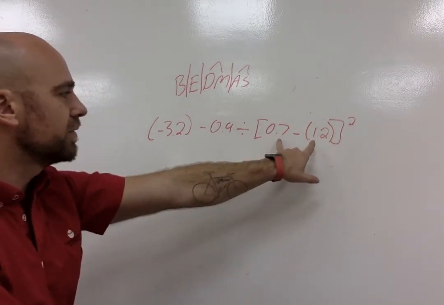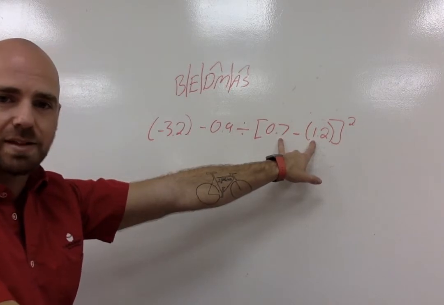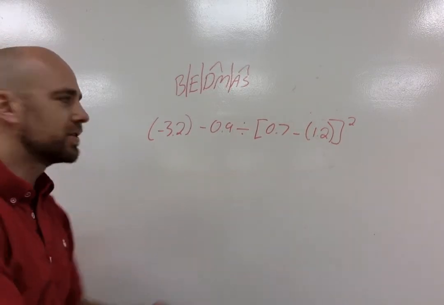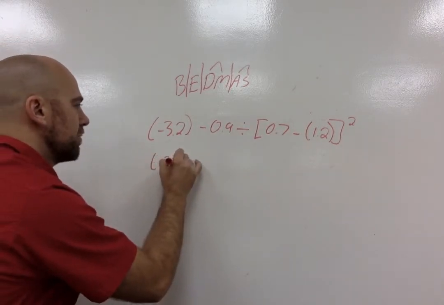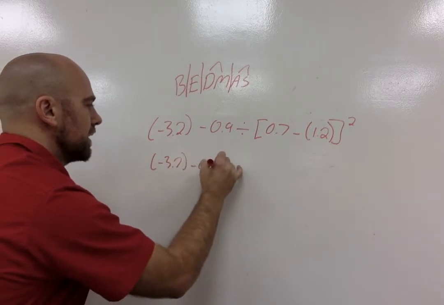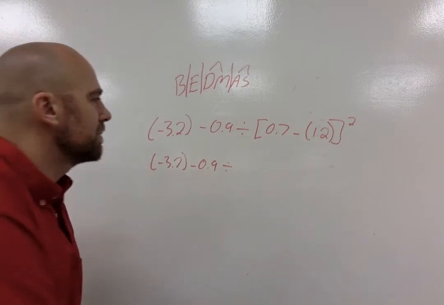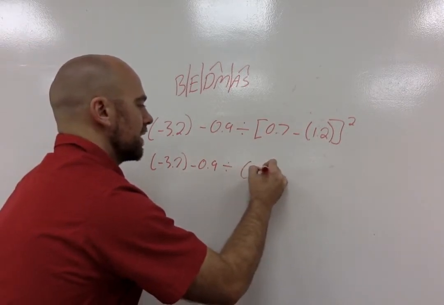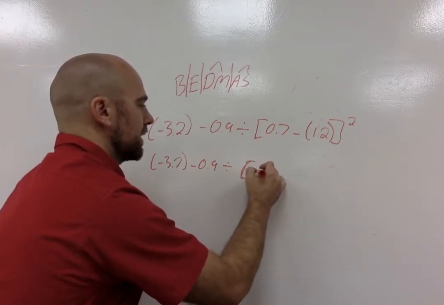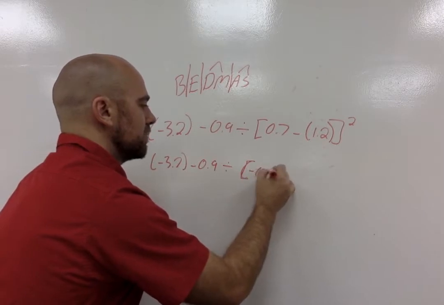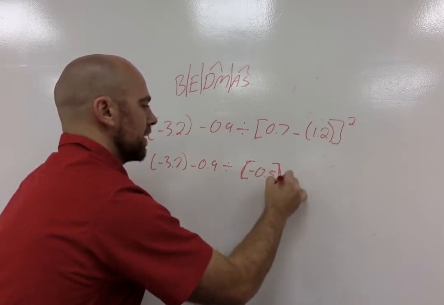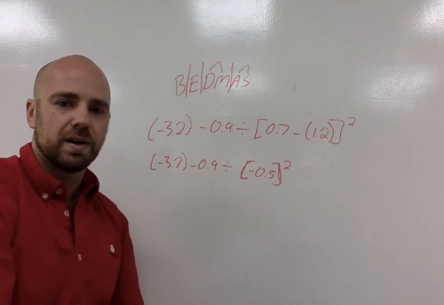So the first thing that I have to do is the operation inside the bracket. Okay, that's my first step. So I'm going to have -3.2 minus 0.9 divided by, when I'm subtracting these, I'm going to be left with, in brackets, -0.5, and then that's going to be squared.